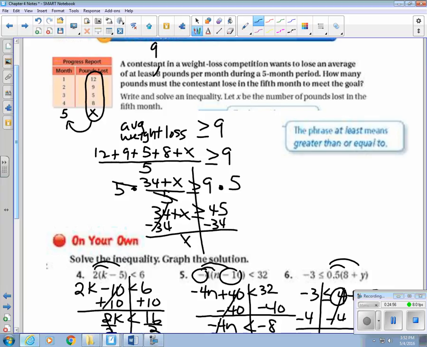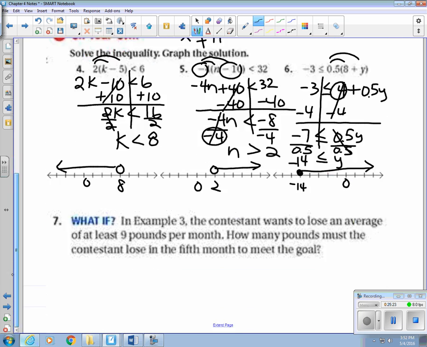All I have left is x greater than or equal to 45 minus 34, which is 11. So that means in that 5th month I have to lose at least 11 pounds, 11 or more pounds, in order to make the average weight loss be greater than or equal to 9 pounds per month. All right, so that took care of your last on your own problem.